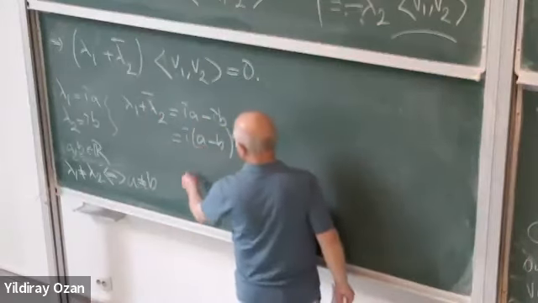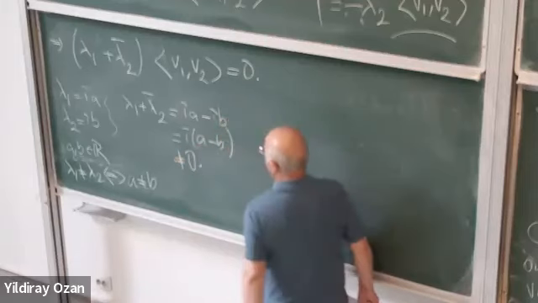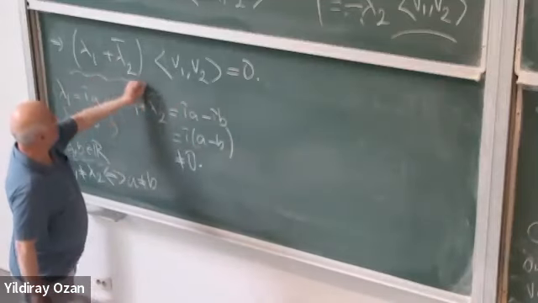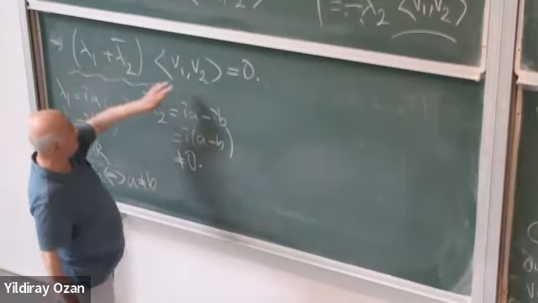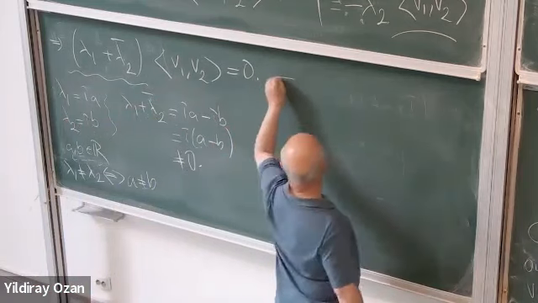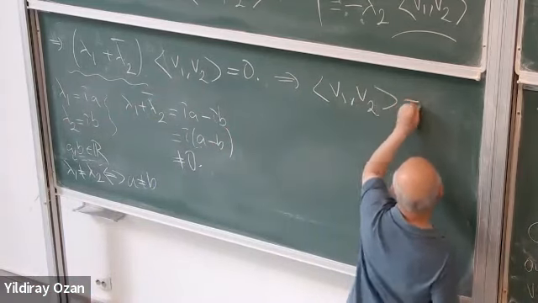Therefore, this is not 0. But this number times this complex number is equal to 0.